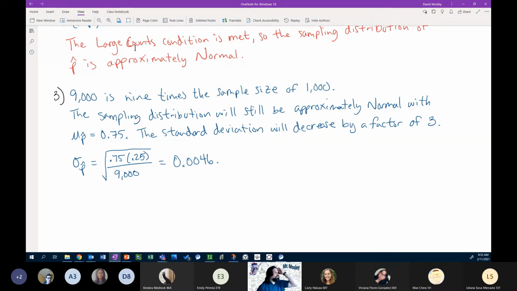All right, and that answers question number 3. You will not always get a nice amount of decrease, but we do always know if we increase sample size, standard deviation will decrease because the variation decreases. Okay. Any questions about this example?